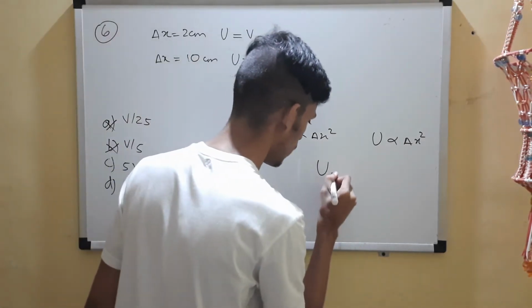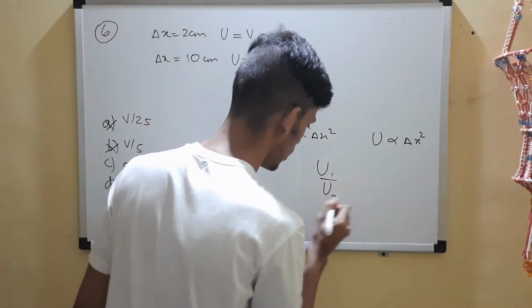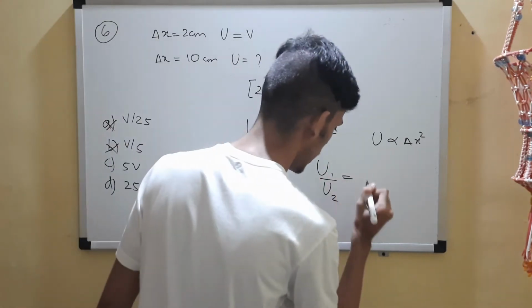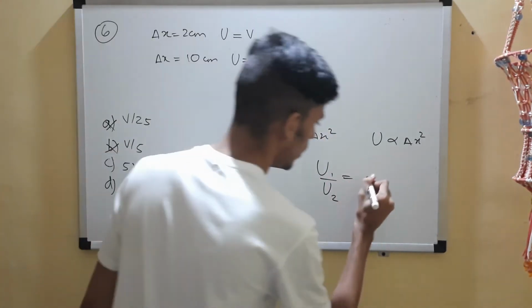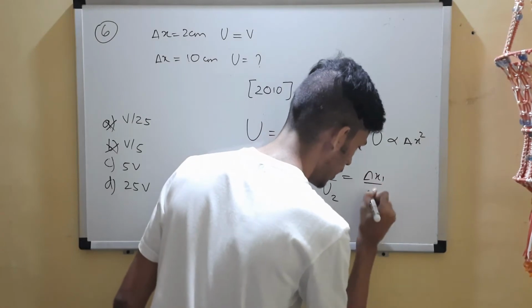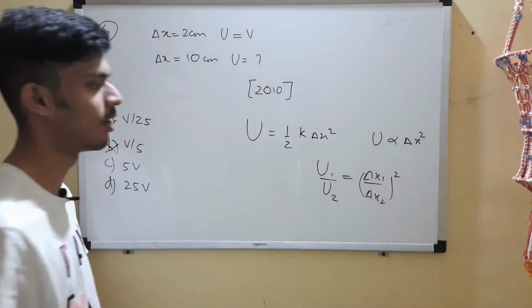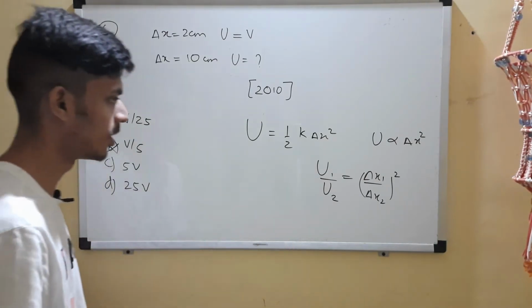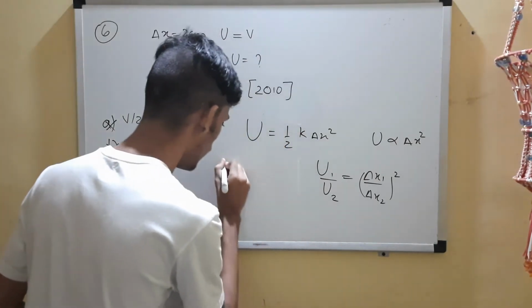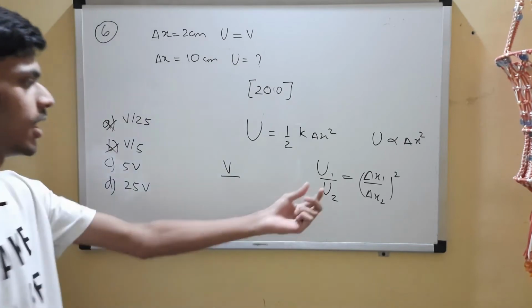Let's take the ratio. So U1, potential energy in the first case, divided by potential energy in the second case will be delta x1 by delta x2 the whole square. By taking the ratio I got rid of the proportionality constant. U1 is nothing but V, our potential energy in the first case.